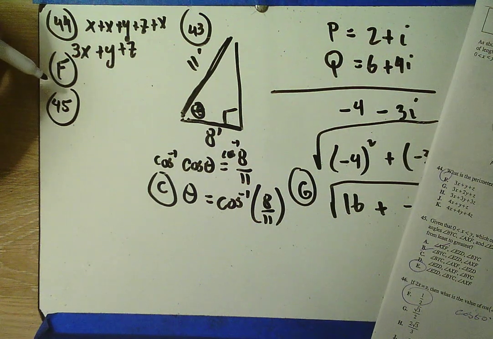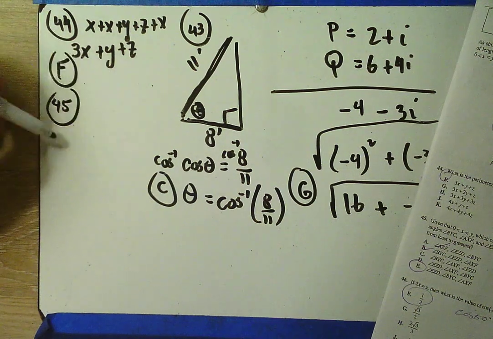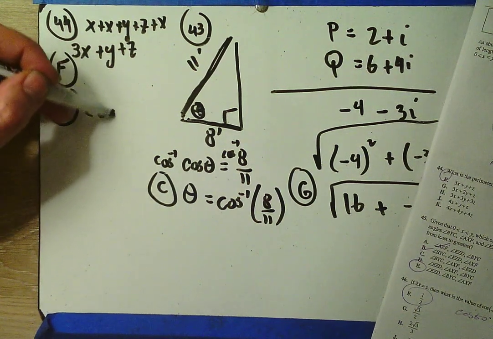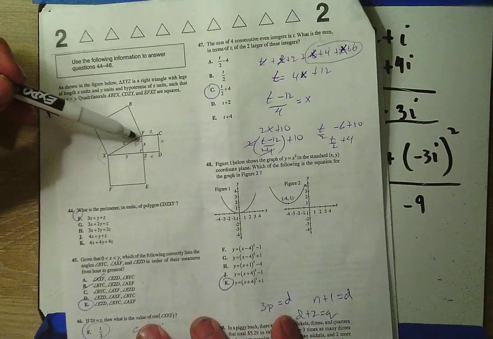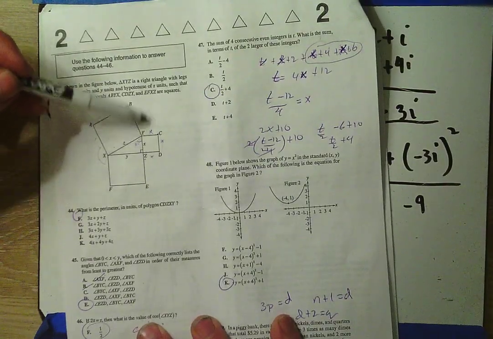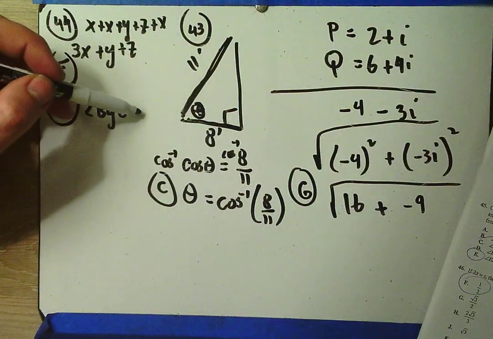What do we know about the angles? Well, we've got angle BYC, and that's this one here. And that definitely looks bigger than 90 degrees. So that's bigger than 90.